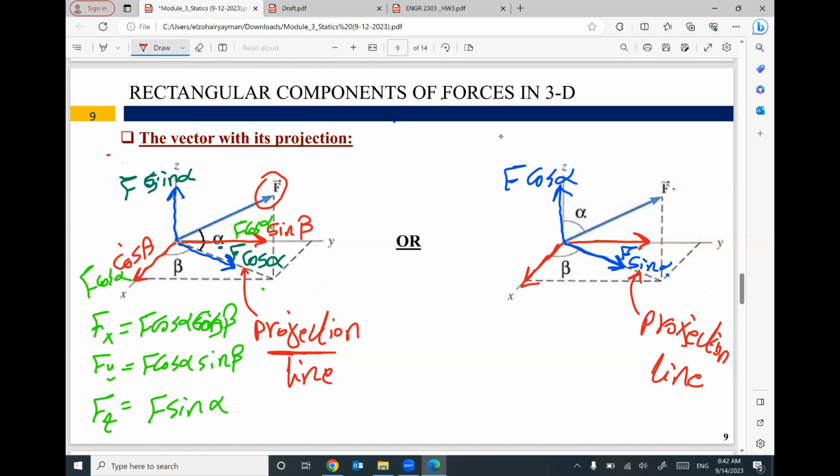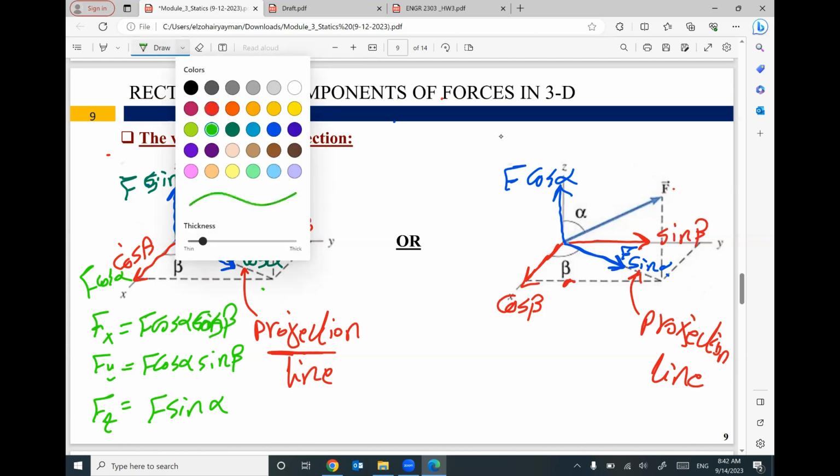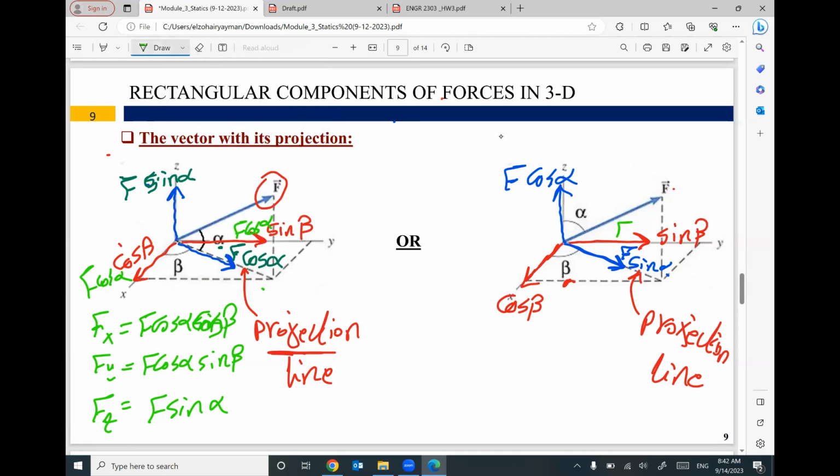The angle between the two red lines is beta. So one of them will be cosine beta, the other one will be sine beta. Since beta is given adjacent to X, this one will be cosine beta, the other one will be sine beta. Which value will be broken? This value, F sine alpha.